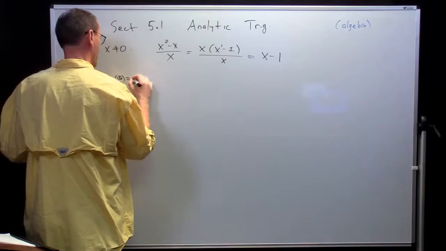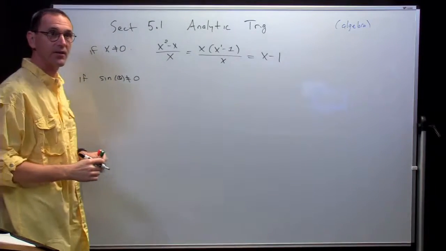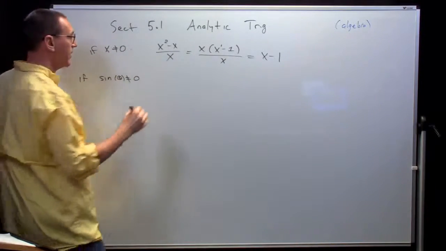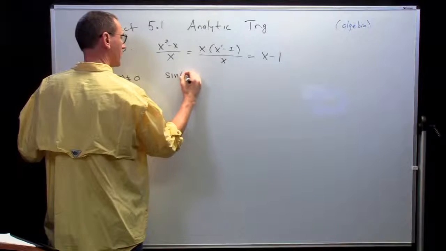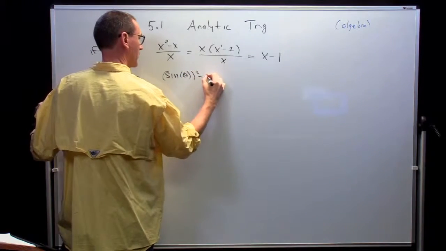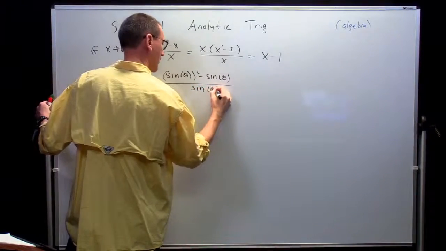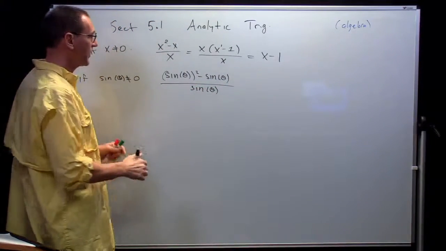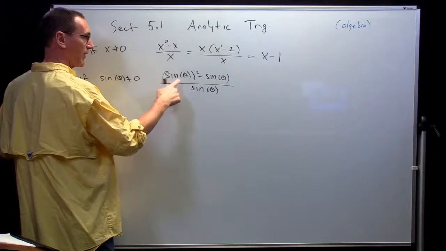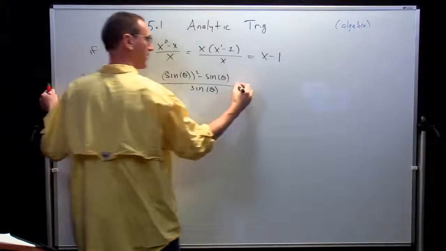So suppose I tell you that the sine of some angle is not 0. And I have an expression like this. So I can divide, no problem. I've got a sine here and a sine here. I can factor that out.